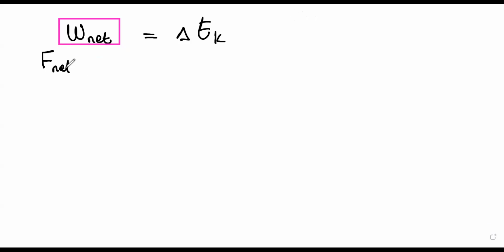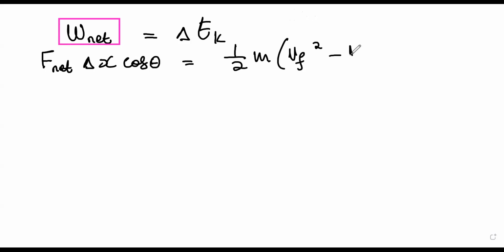Then we say, well, our net work is going to be the net force times the displacement, multiplied by the cosine of theta. And now we understand that there is no need for us to write it in full. Well, we can simply say the following.